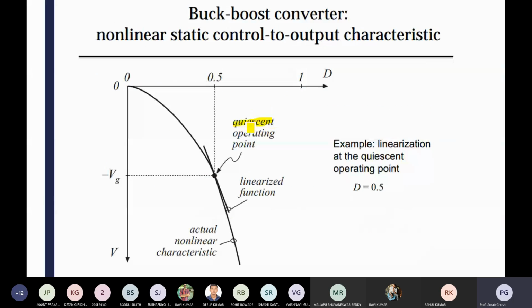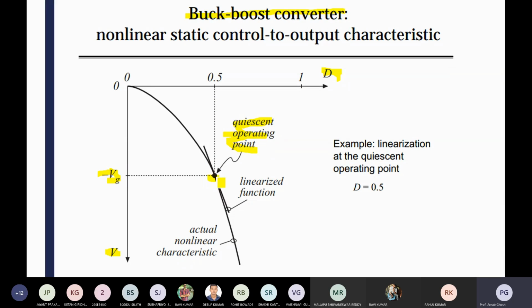I told you the expression for the change of duty and how it appears in the output voltage. At 0.5 you will get an operating point, and that value is minus Vt. Basically the change of duty with your voltage in a buck boost converter is highly non-linear.